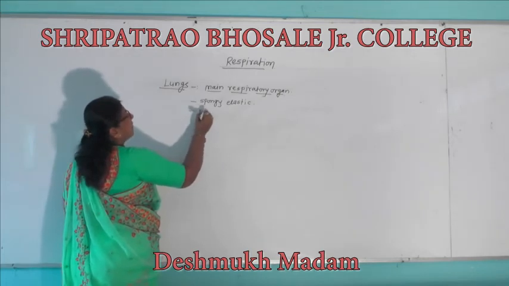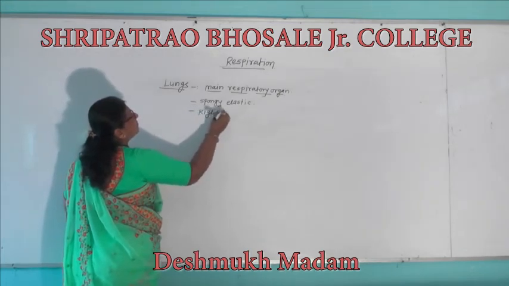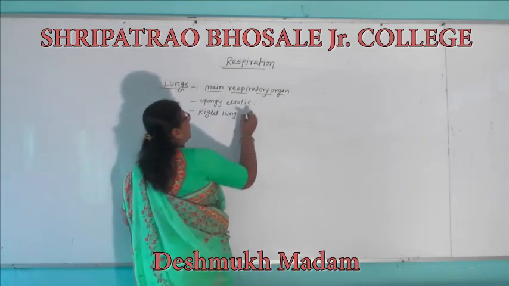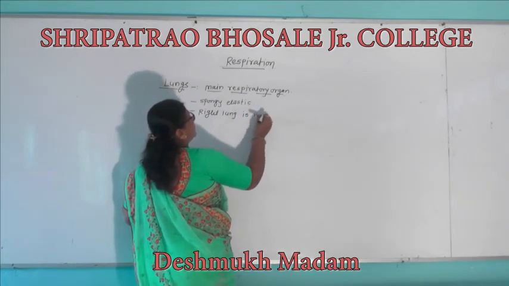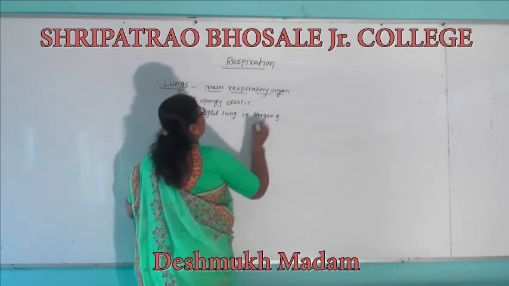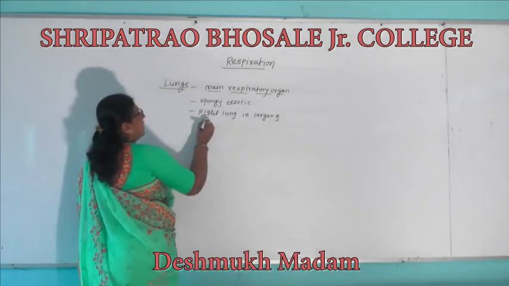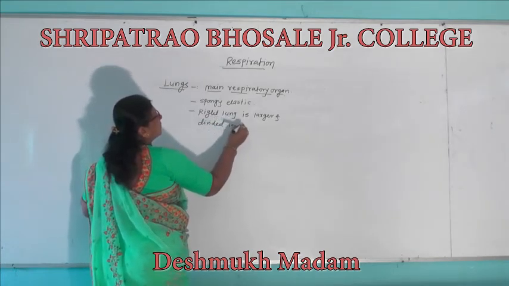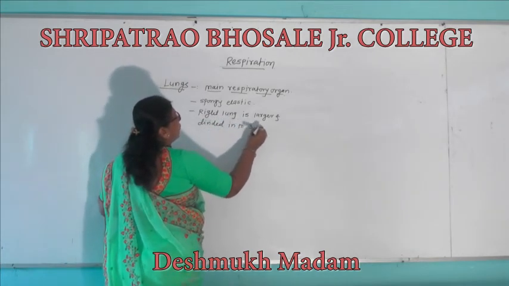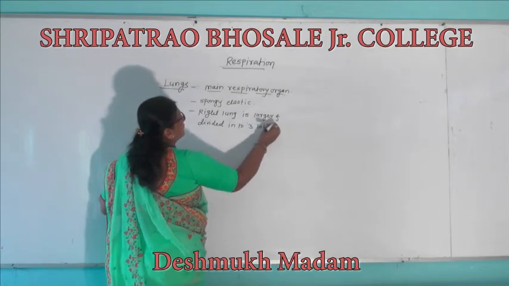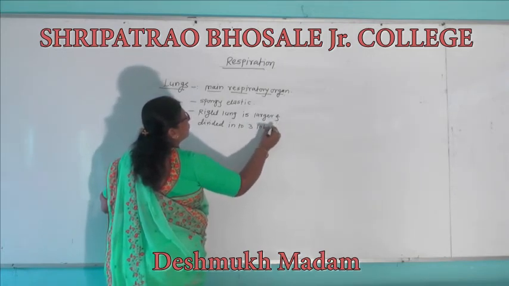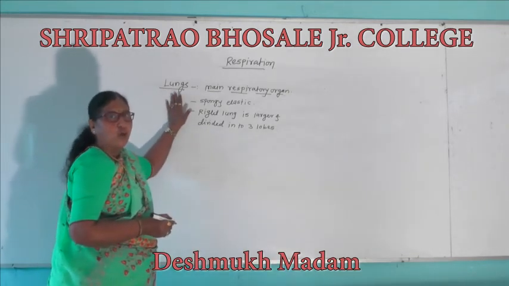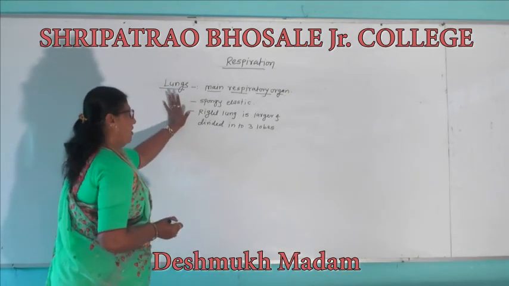The right lung is larger and divided into three lobes. Hence the lung is a lobulated structure.